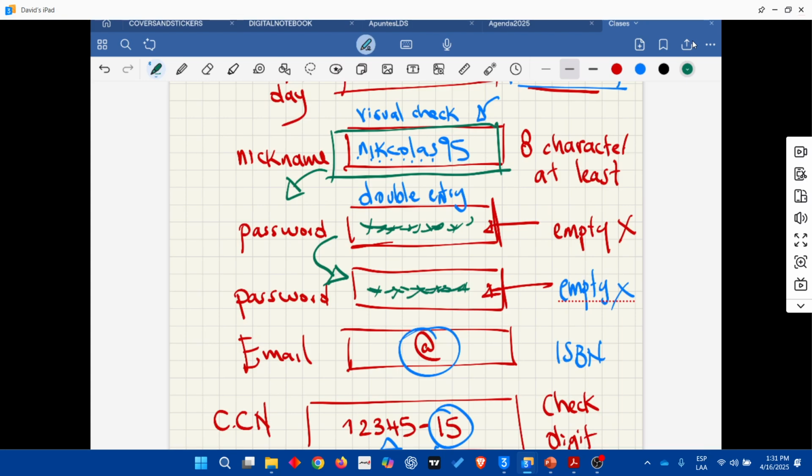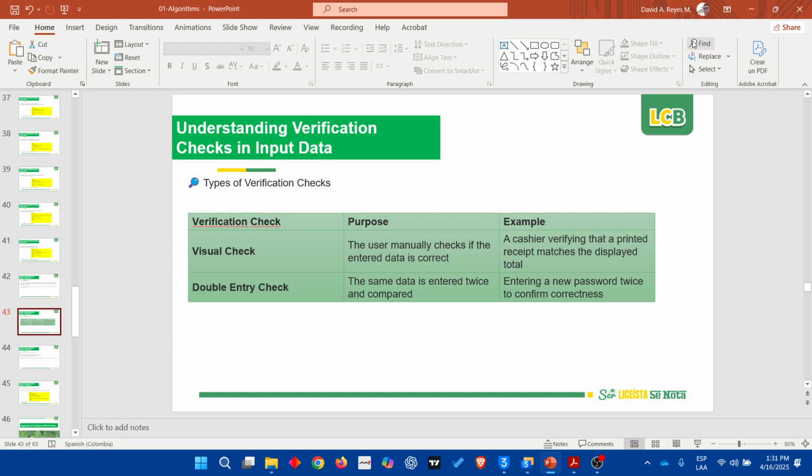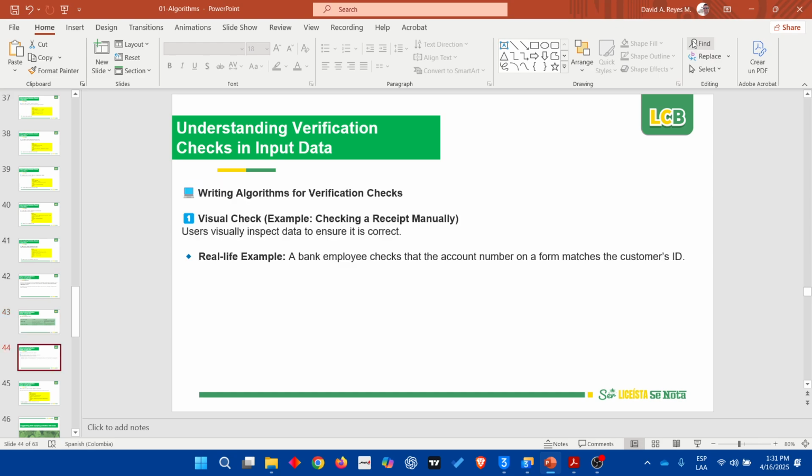So we have visual check that you as user do, and the other one that is double entry, that the software does. The software is the one that is going to verify, for example, in this exercise that the password you put it correctly. Okay? Okie dokie. So, types of verification checks: visual check and double entry.